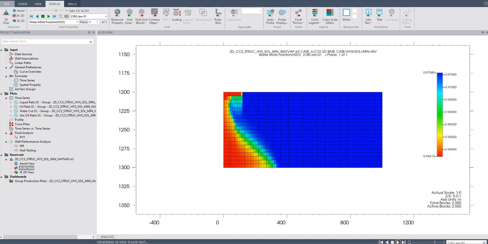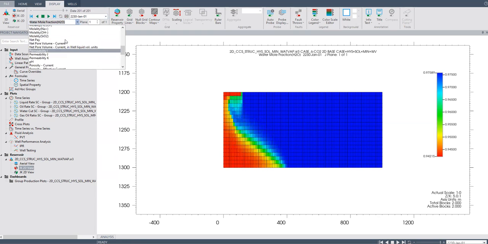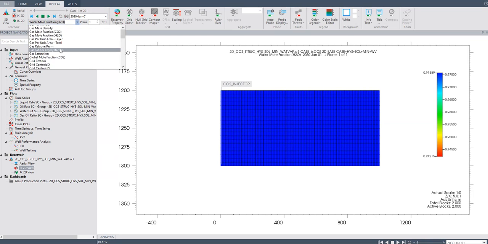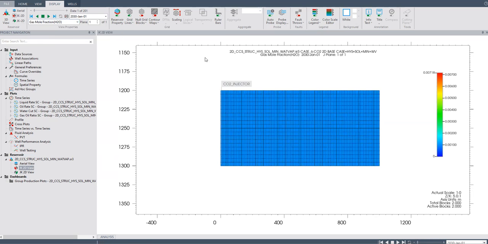To confirm, we will also look at gas mole fraction of H2O. It means the H2O turns from liquid phase, brine, into gaseous phase. To confirm that, we need to open gas mole fraction of H2O.